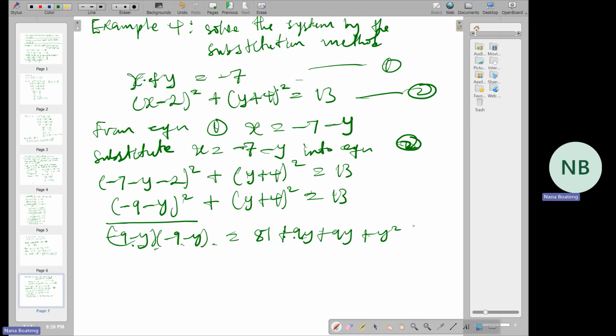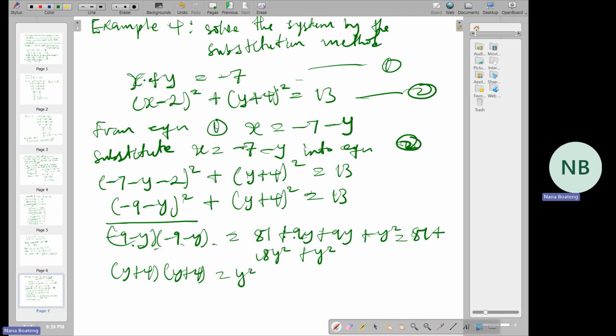And so this is 81 plus 18y plus y squared. And the expansion of y plus 4 squared is y plus 4 times y plus 4 equals y times y is y squared.